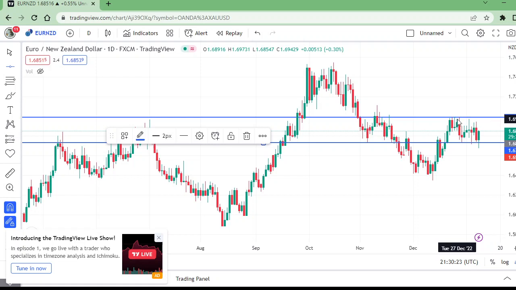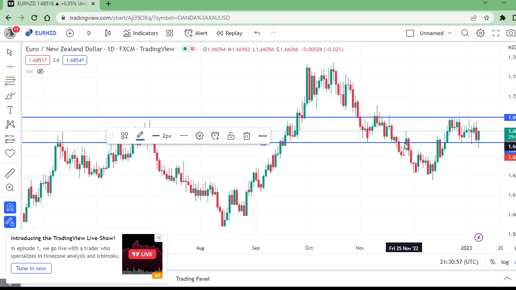First this was high, then this was lower high, this was lower high, and when the pair was coming down, first this was low, then this was lower low, and now it has gone up for a lower low 2. We can say this was low, this was lower low 1, this is now lower low 2. The pair is now going downward and it is going up for the lower high.